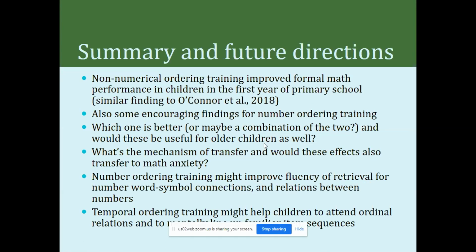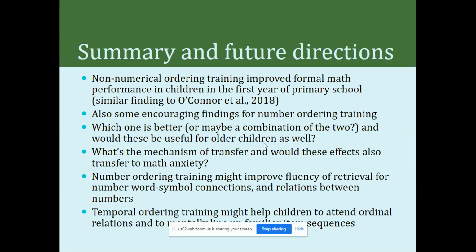And although it's kind of counterintuitive that this domain general, non-numerical training would be better than a numerical training, because this finding replicates O'Connor and colleagues' finding, it can probably be accepted more easily as a meaningful result.